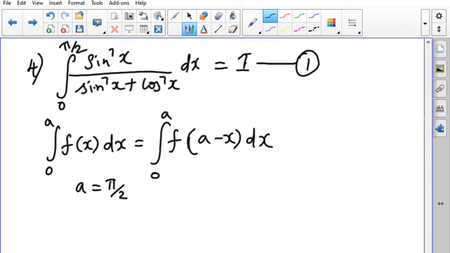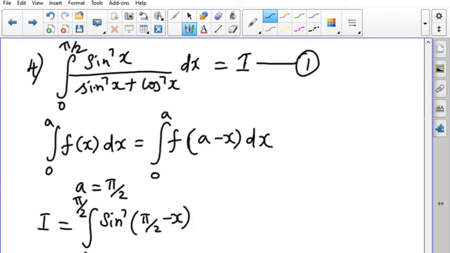Now let us write the given problem. I is equal to integral 0 to pi by 2 of sin power 7 of (pi by 2 minus x), and in the denominator sin power 7 of (pi by 2 minus x) plus cos of (pi by 2 minus x) power 7, dx.